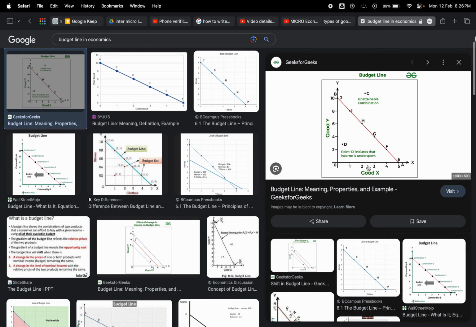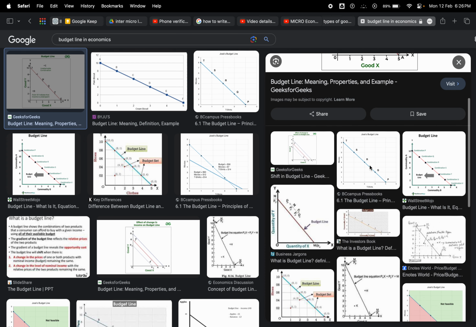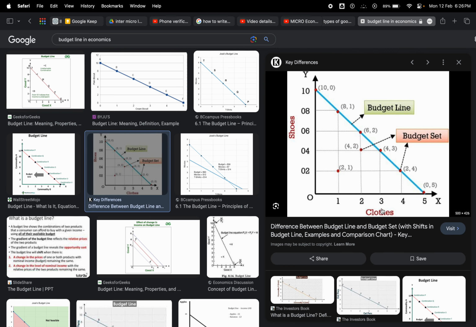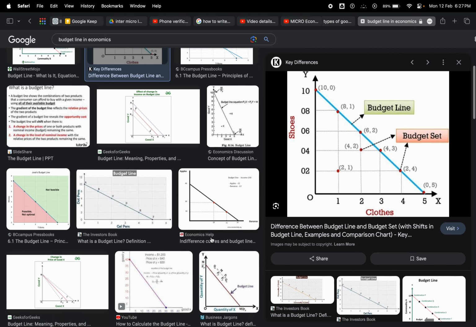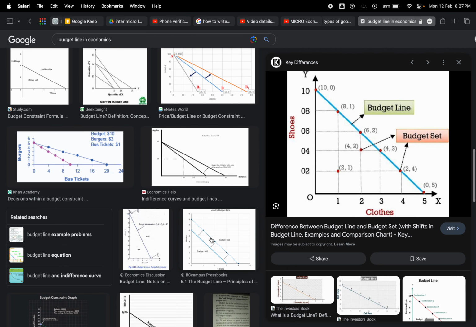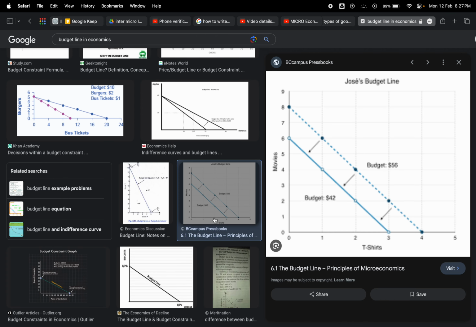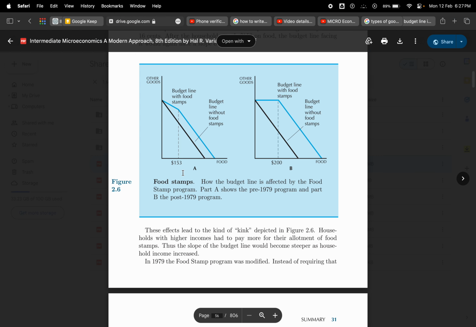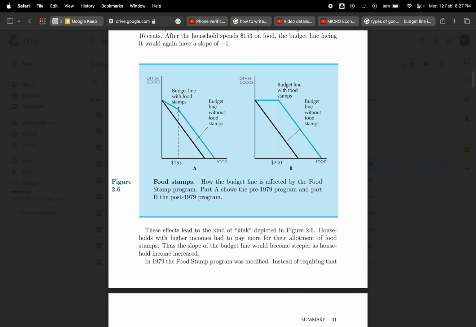So all of these are number of goods, right? These are not prices. They're not prices. Then why is there a kink on $153? All of these are quantity of goods.